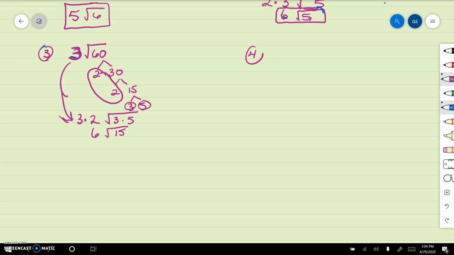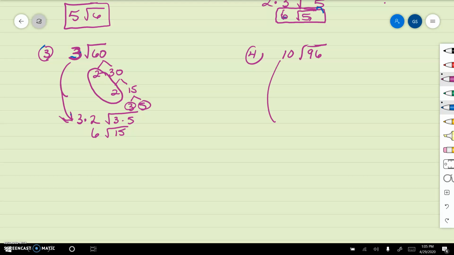Number 4. Last one for today. How about 10 radical 96? Oh, this is such a pain. I'm trying to erase it and make it neater. Oh, I did it.